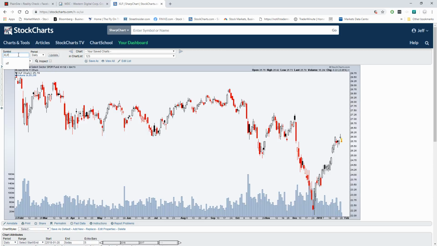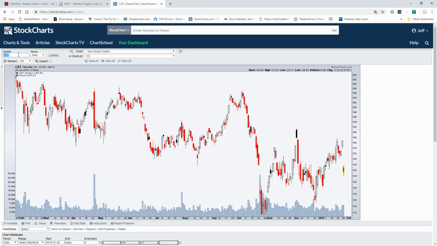But that created a little bit of selling in S&P futures. The bigger selling didn't happen until we saw Caterpillar earnings, and we saw a pretty big miss from Caterpillar. That sent futures lower.